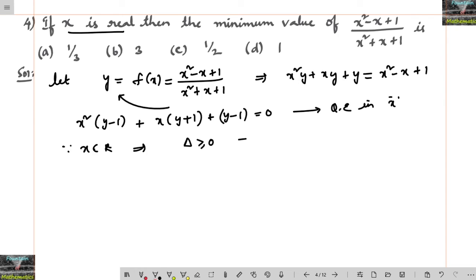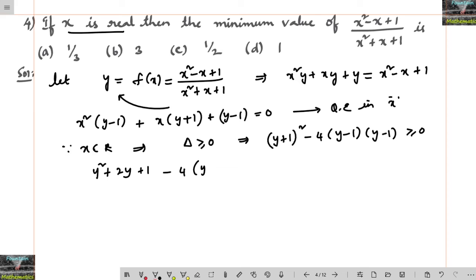So what is the discriminant for this equation? B square minus 4ac, if I consider (y plus 1) whole square minus 4 times (y minus 1) into (y minus 1), should be greater than or equal to 0. That is y square plus 2y plus 1 minus 4 times (y minus 1) whole square, that is y square minus 2y plus 1, should be greater than or equal to 0.